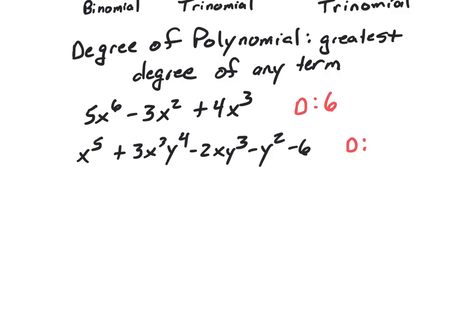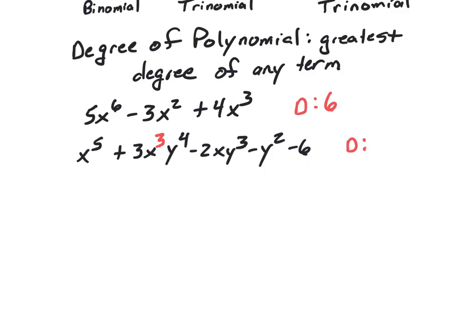Once again, we're going to do each one individually, right? So each term, first term has a degree of 5. Second term has a degree of, this is a 3. It doesn't look very good, right? This is a 3 right here. So that one would have a degree of 7. This one is 1 and 3, which is 4. This is 2, and this is 0.